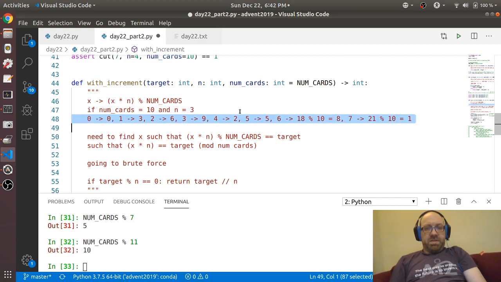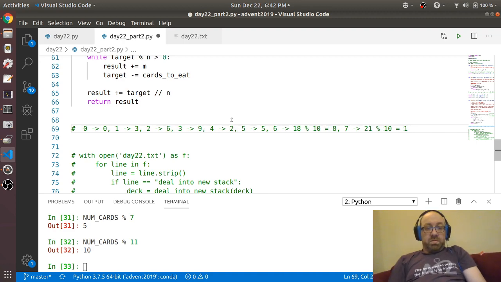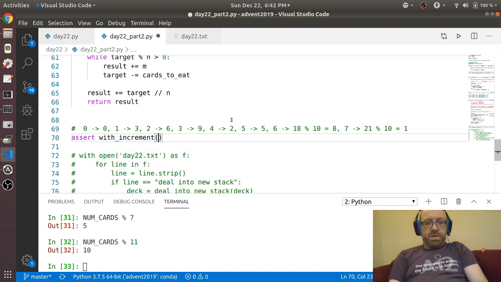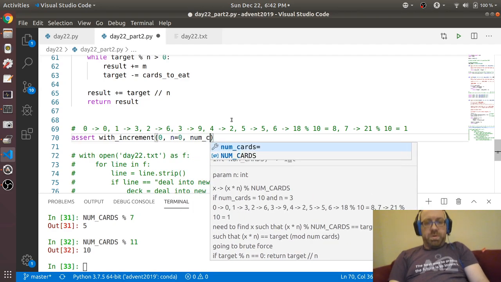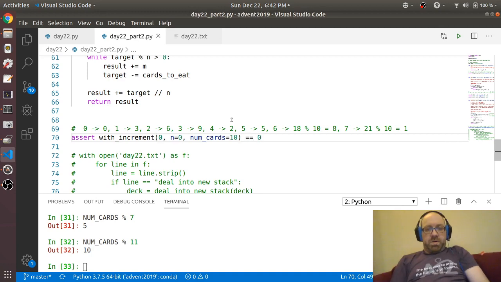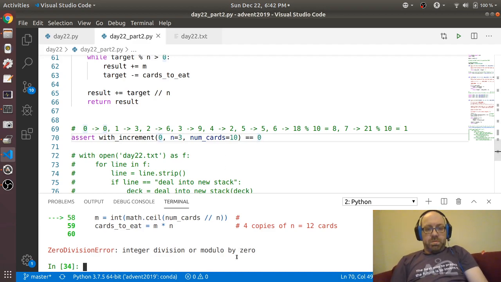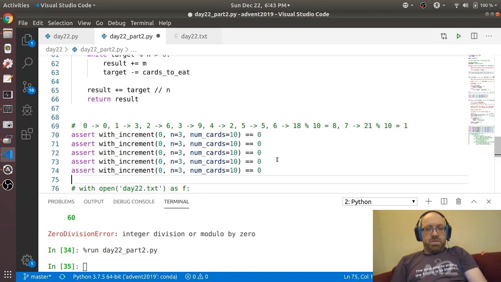So again, let's try all these. Assert with increment target is 0, n equals 0, num cards equals 10 equals 0. Okay, so let's run this. N is not 0. N is 3. So let's run this.